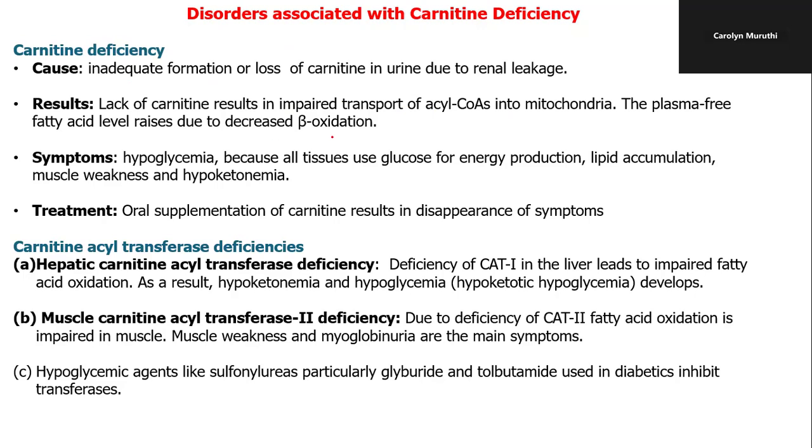Symptoms associated with carnitine deficiency include hypoglycemia, and this is because all tissues use glucose for energy production, and so there will be no more glucose to generate energy. Lipid will also accumulate, and this will be followed by muscle weakness and also hypoketonemia. That means there is no formation of ketone bodies. Treatment for this disorder is supplementation.